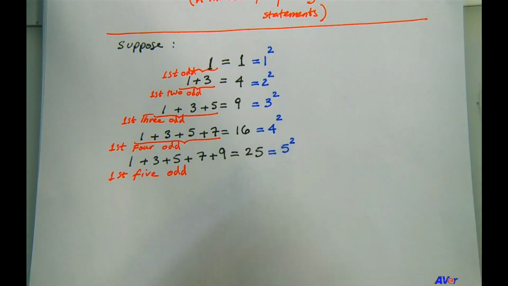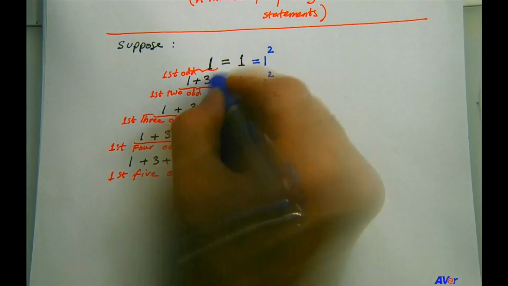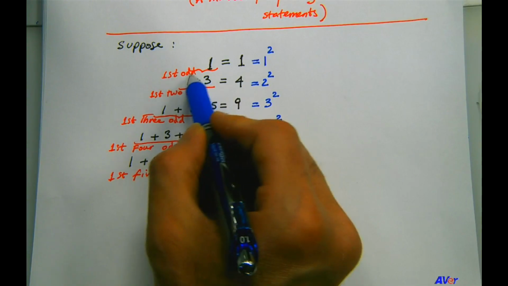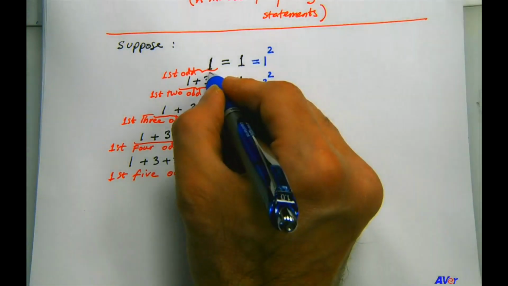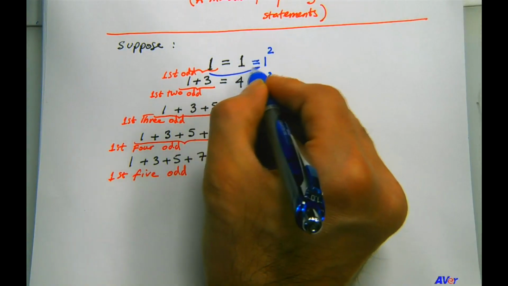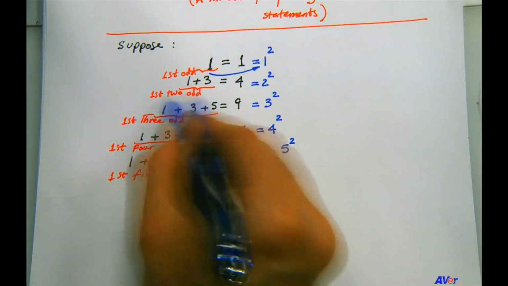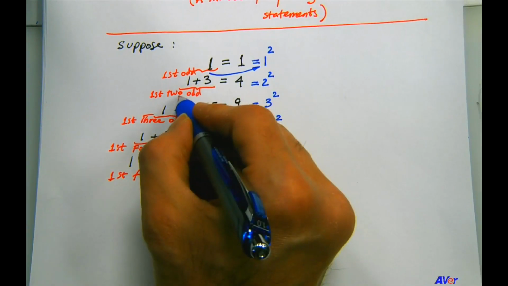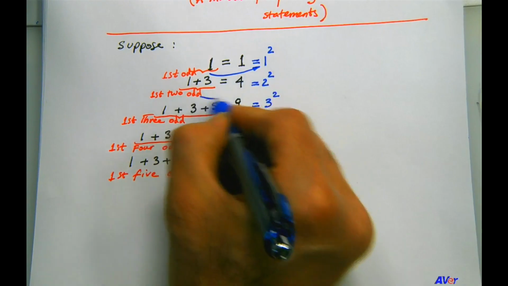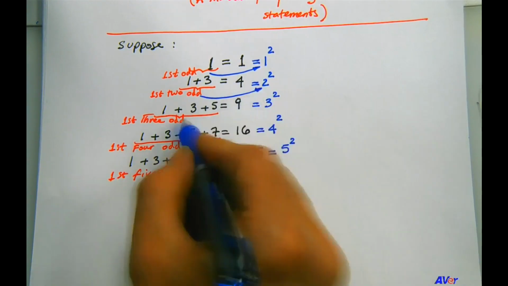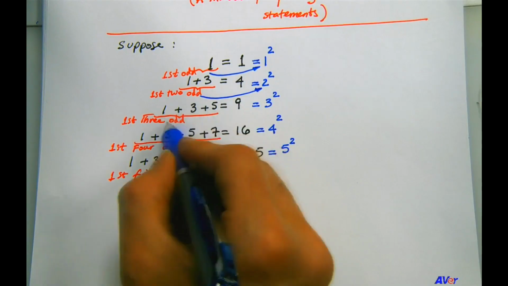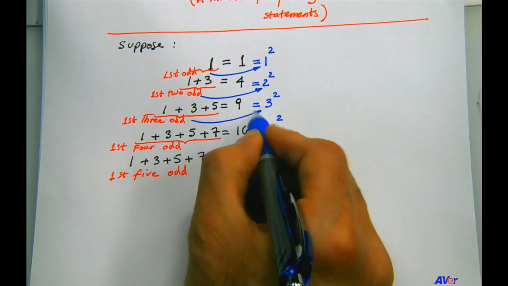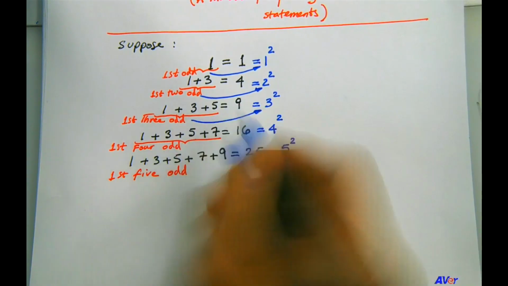Now, let's notice how for the first odd number, that is equal to that number squared. For the first 2 odd numbers, if you add those first two odd numbers, then 2 squared is what they add up to. For the first 3 odd numbers, if you square that number 3, you get what they add up to be.